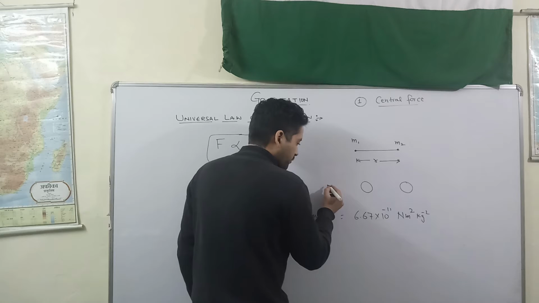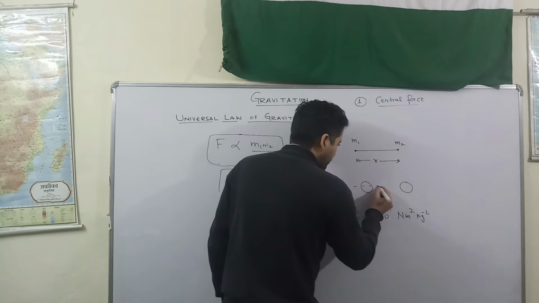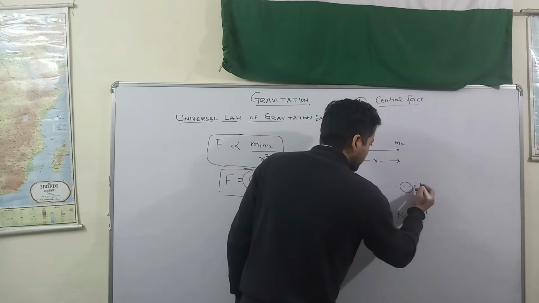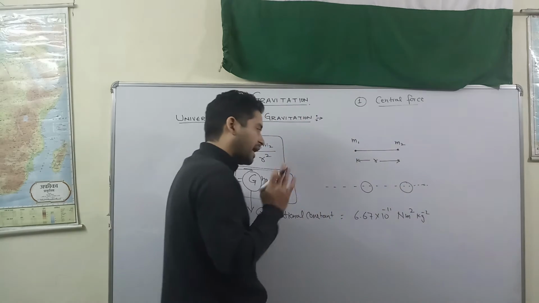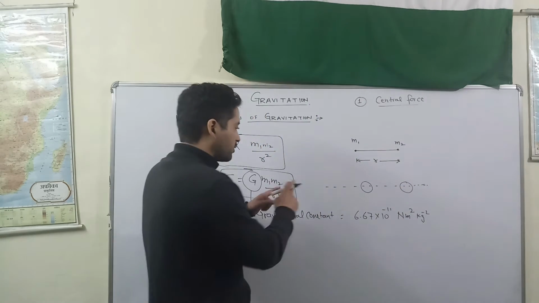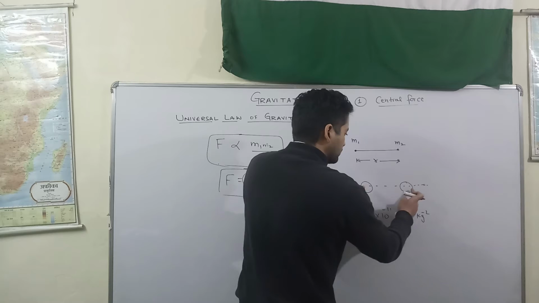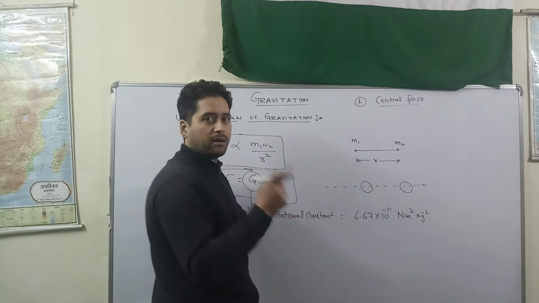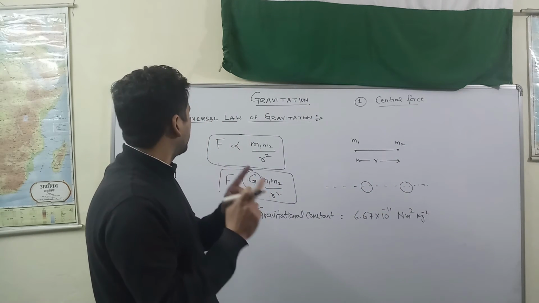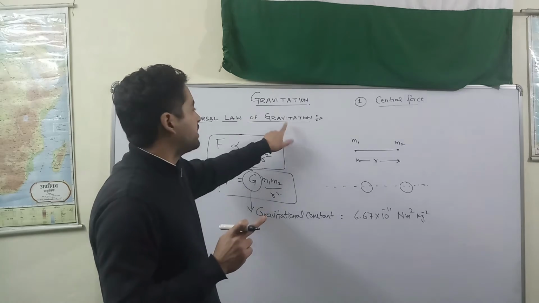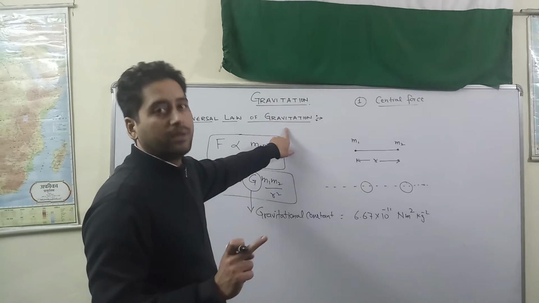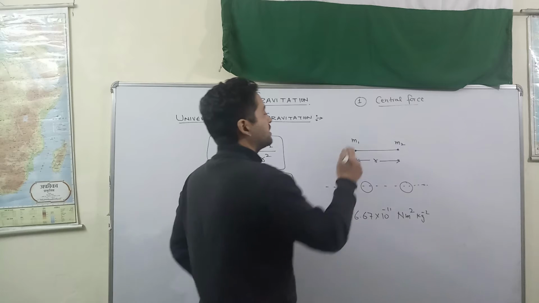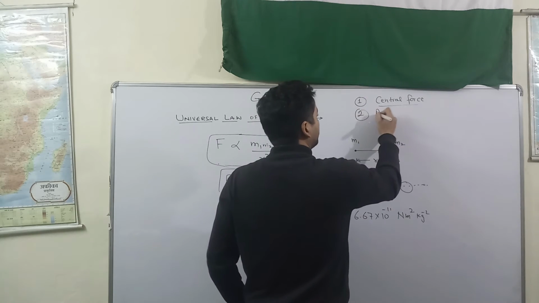If we draw a line that passes through the center of both the objects, that will give the direction of the force. And one more thing you have to remember is that the gravitational force is always attractive in nature. The second point is that it is attractive in nature.